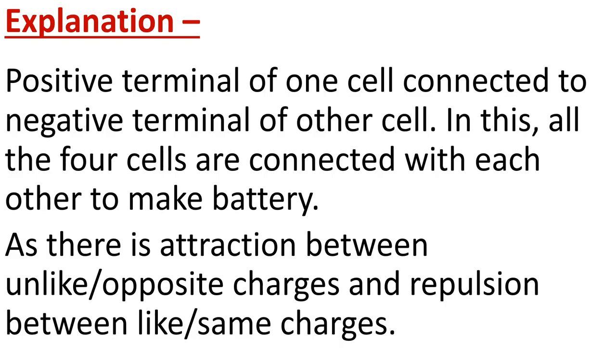As there is attraction between unlike or opposite charges and repulsion between like or same charges, the connections are established between the opposite terminals. Positive is joined with negative and vice versa.